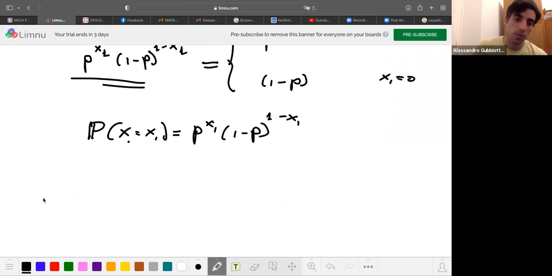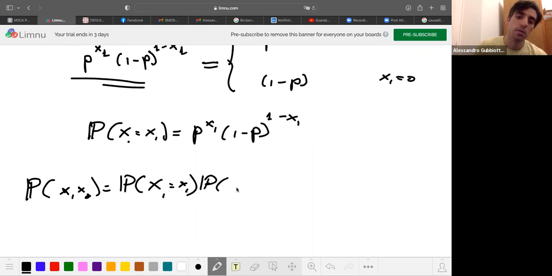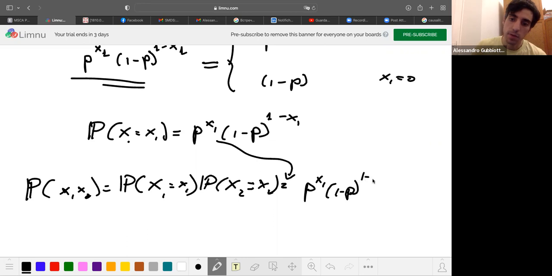Okay, but now we know that the probability of x1, x2 is equal to the product because of the independence, and now we substitute this expression here. We recall that the coins are identical, so the p is the same. So this is equal to p to the power x1 times 1 minus p to the power 1 minus x1 from the first factor.